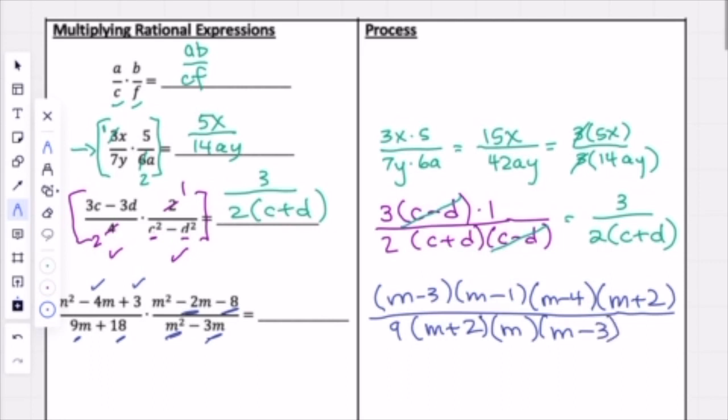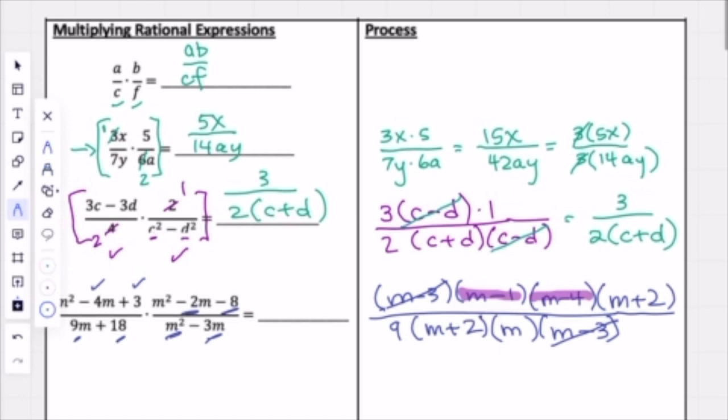All right, so I have everything factored, and now I can go back and divide out everything that has a common factor in the numerator and the denominator. Notice that this m minus 3 divides with this m minus 3. This m minus 1 does not have anything that divides out in the denominator, nor does this m minus 4.